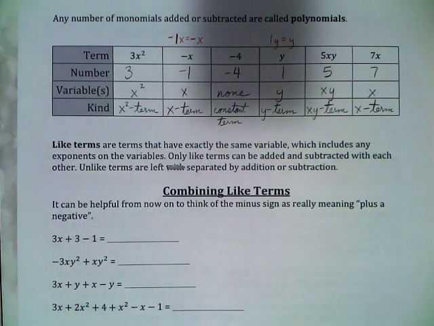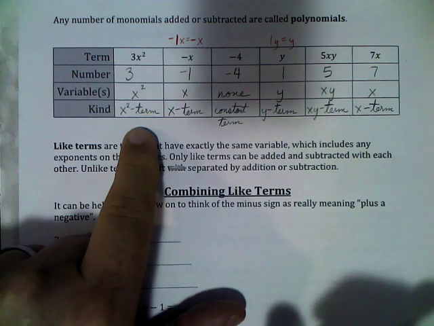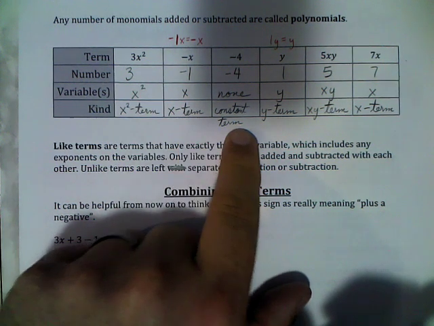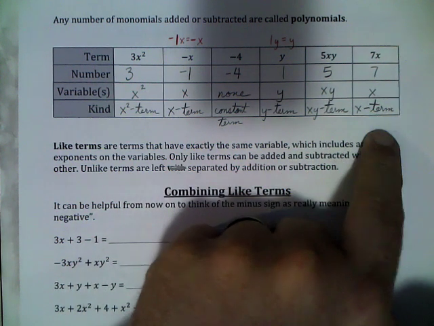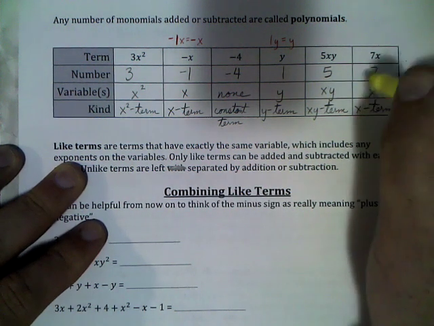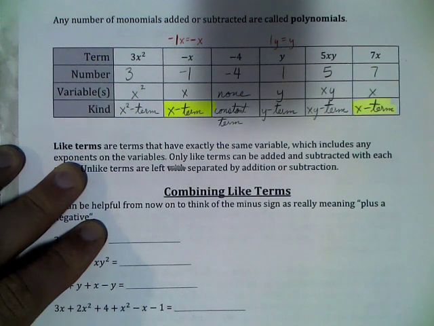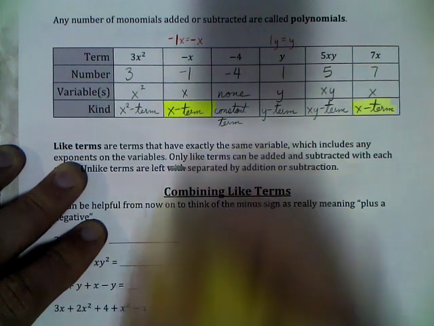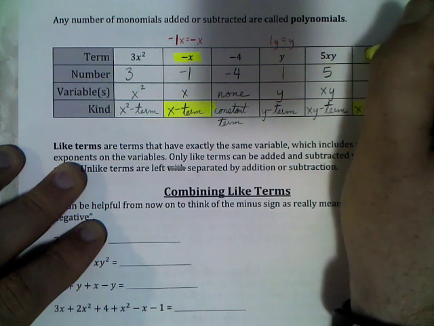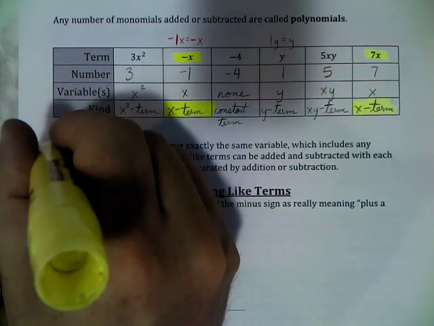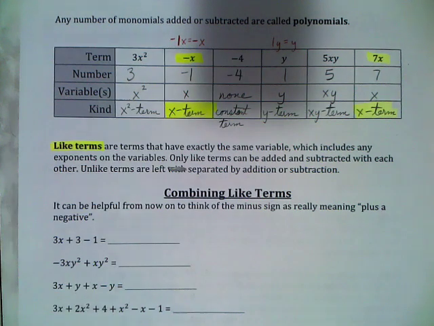So if we go back up to our chart here, if you look at the kind, they've got to be the same kind. So I've got an x squared term, an x term, a constant term, a y term, an xy term, and an x term. Well, it turns out that this and this are the same, which means that negative x and 7x are actually like terms.